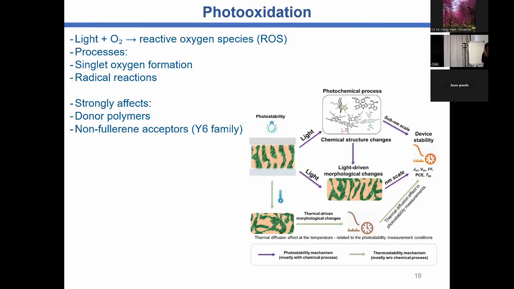Here I just put one example of the photochemical process related to the intake of oxygen and also light. You can see some morphological changes, but also changes in the chemical structure of the material.